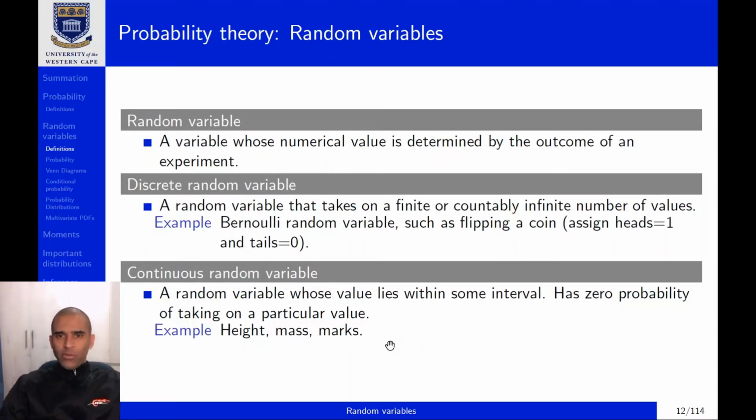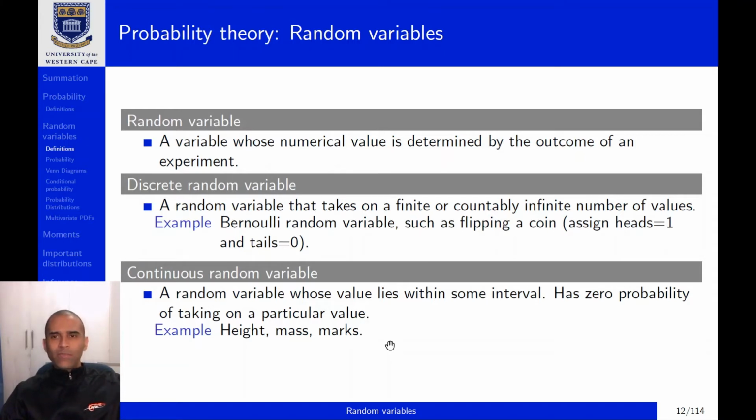A random variable is a variable whose numerical value is determined by the outcome of an experiment. So this is very important to note, because think about how we defined experiment earlier on. It's a repeatable process with a well-defined set of outcomes and some uncertainty about which outcome we will observe when we run the experiment.